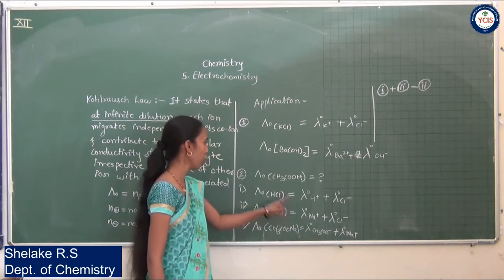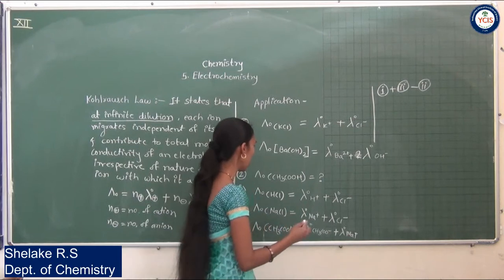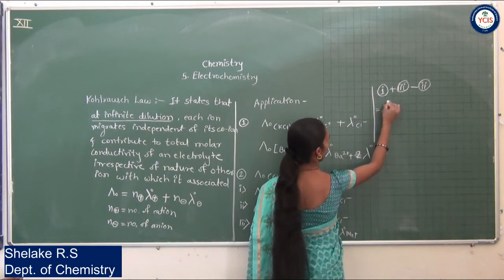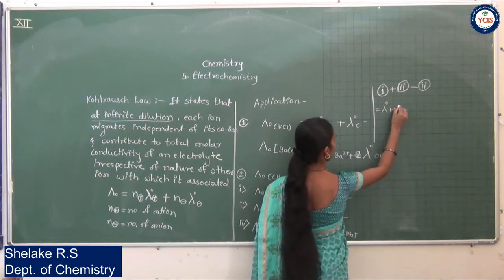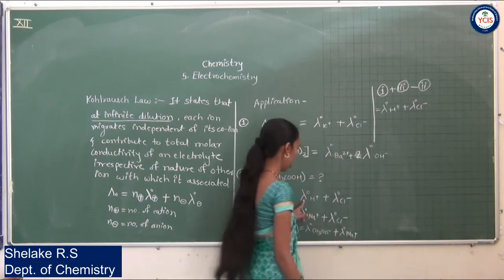See, from adding equation number 1 and 3, I will write directly here. What you will get? Lambda 0 H plus plus lambda 0 Cl minus.